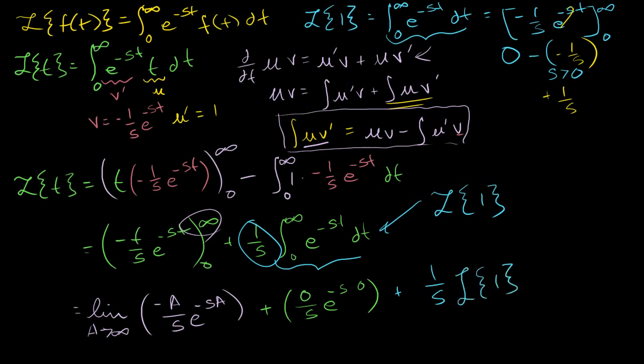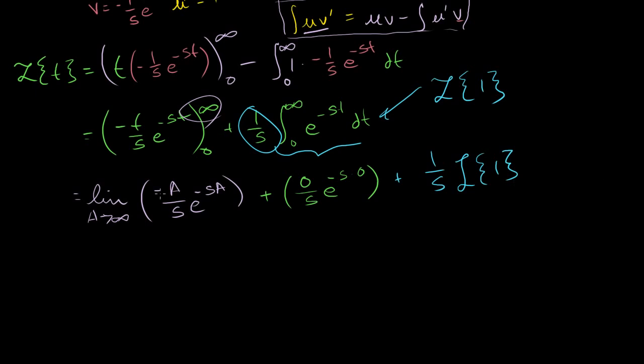And what do we get? What's the limit as a approaches infinity? You might say, wow, as a approaches infinity, this becomes a really big number. There's a minus sign in there, so it'd be a really big negative number. But a is an exponent right here. So e to the minus infinity is going to go to 0 much faster than this is going to go to infinity.